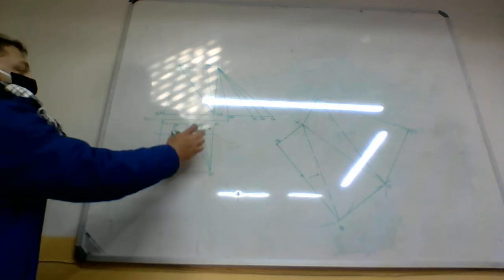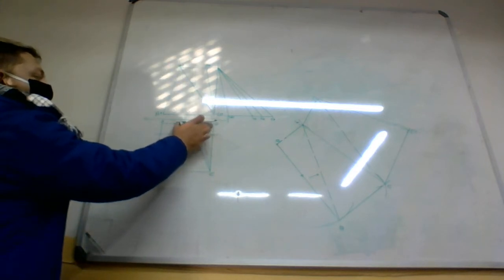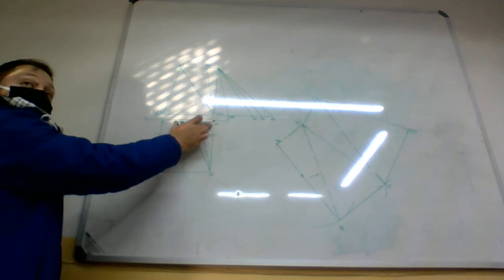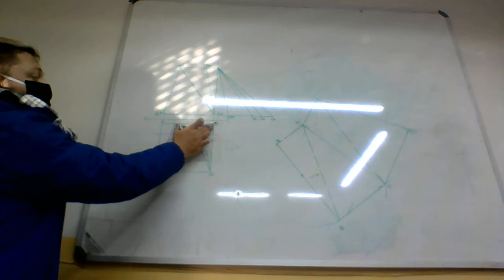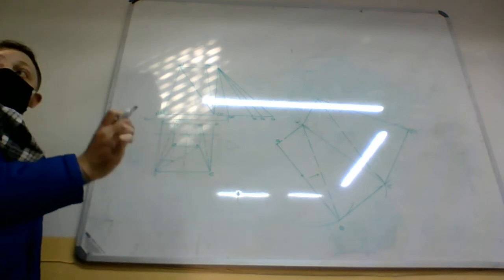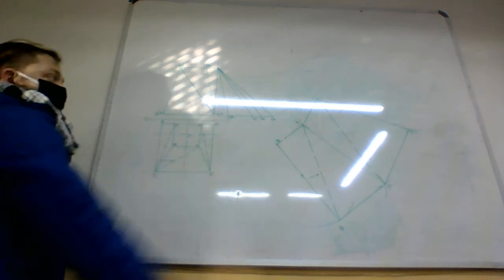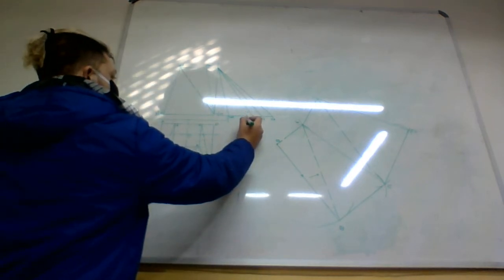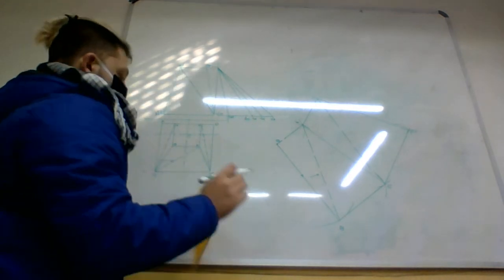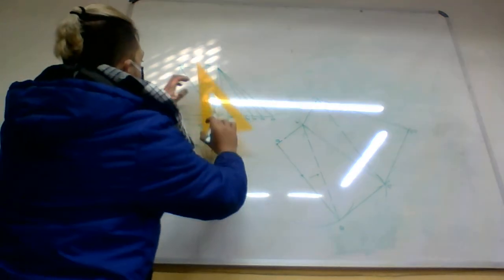So what you're going to do is, you're going to measure from here to D. Catch? Yes, sir. From here to D. Am I right? You're going to mark it off. To get your true length.